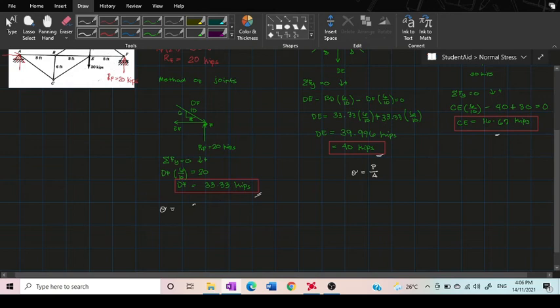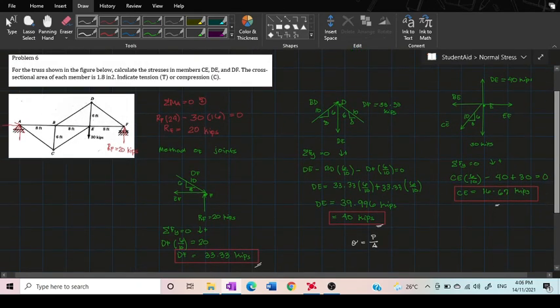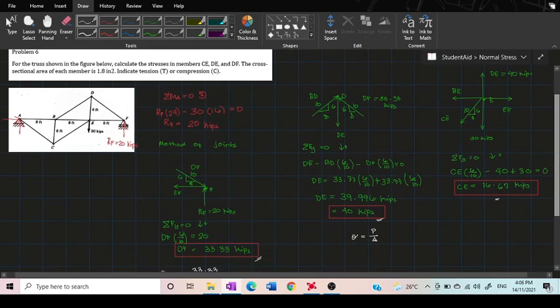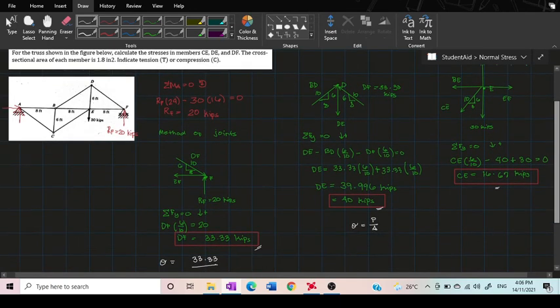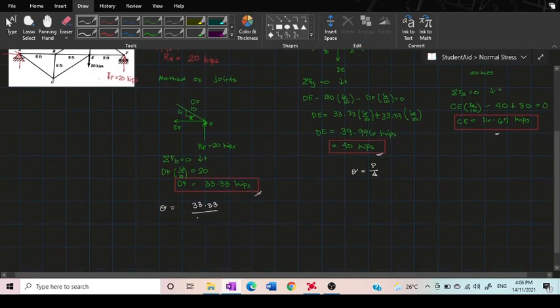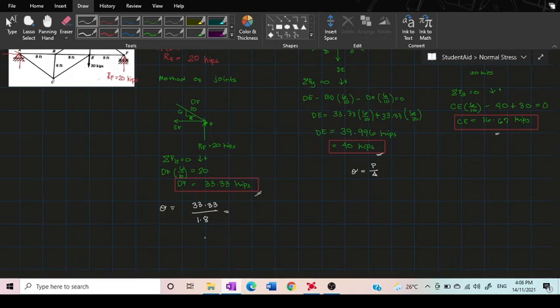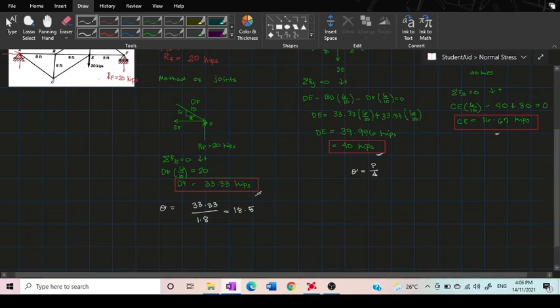P is equal to 33.33 over the given cross-sectional area of 1.8 inches squared, which is equal to 18.52 ksi.